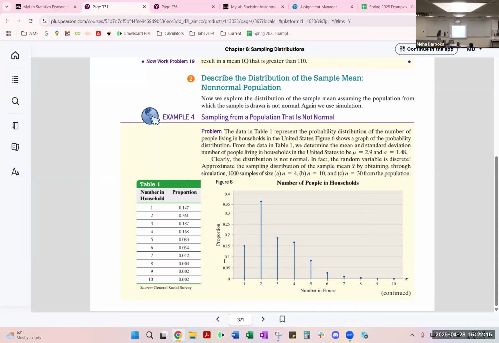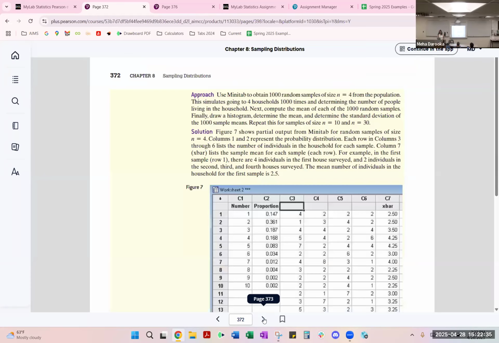They're saying we can approximate our sampling distribution for the sample mean by obtaining 1,000 samples of size 4, size 10, and size 30 from the population. Of course, they're talking about using technology here, so using simulation to do 1,000 samples of different sample sizes.